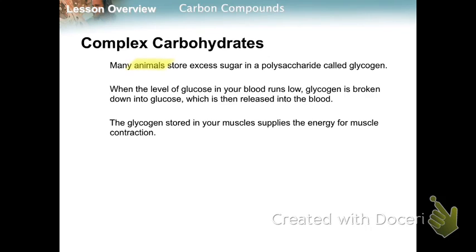Animals store excess sugar in a polysaccharide called glycogen, and it's actually stored in the liver. There's glycogen also that's stored in your muscles. When it's broken down into glucose, then it's able to be used for energy, to have muscles contract.